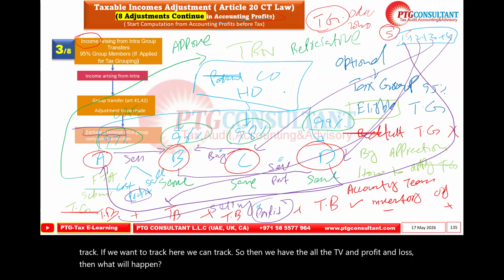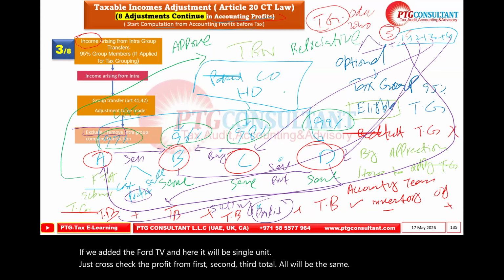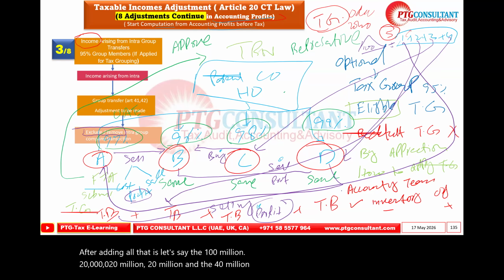If we add the 4 TB, it will be a single unit. For the profitability, just cross-check the profit from first, second, third, the total will be the same after adding all, let's say 100 million, 20 million, 20 million, 20 million, and 40 million. It will remain the same. This is the first test: each TB, the accounting and the figures are correct and recorded.